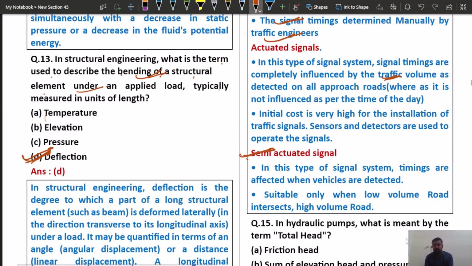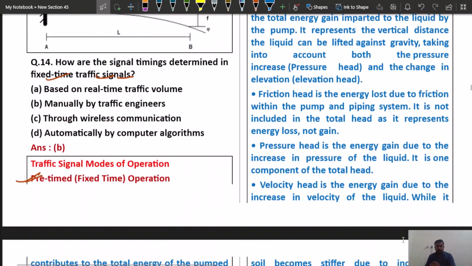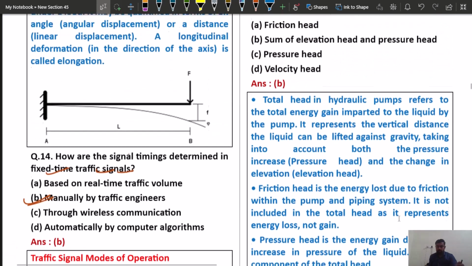This is the combination of both signals. In this, signal timings are affected by the vehicles which are detected. So in this question, in the fixed time traffic signal, the signal time will be determined manually by the traffic engineer. So option B will be correct. Now proceeding on next question.